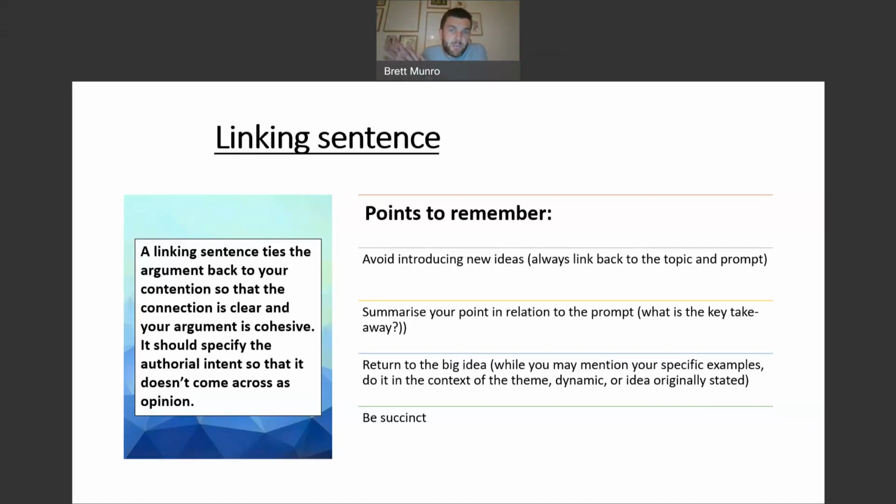Summarize your point in relation to the prompt. What is the key takeaway? Return to the big idea, while you may mention specific examples, within the context of the theme, the dynamic, or the idea originally stated. And you should also be succinct. It doesn't need to go for 2 or 3 sentences. It really should just be a linking sentence.